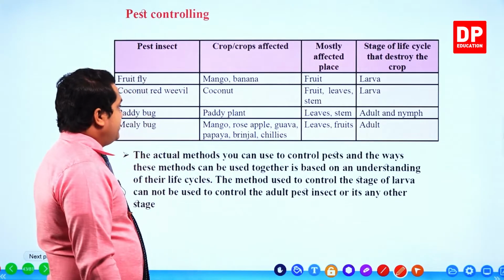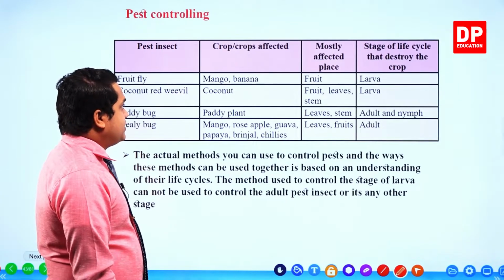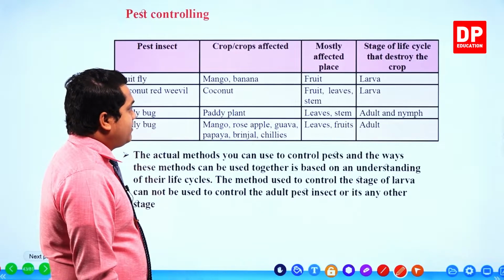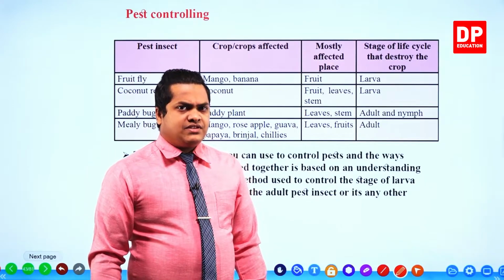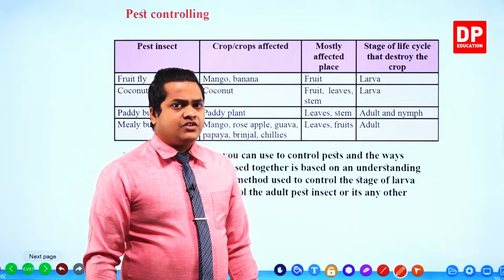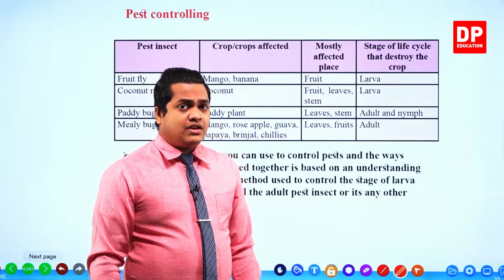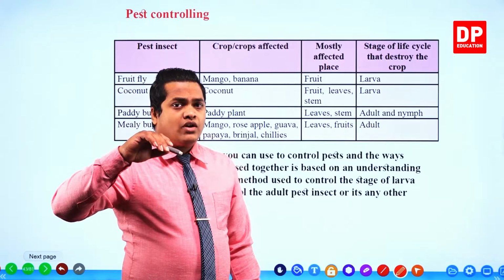Then the second one, coconut red weevil. The coconut red weevil is mainly affecting coconut plants. I think you have seen coconut plants whose leaves are being eaten by a certain type of organism.